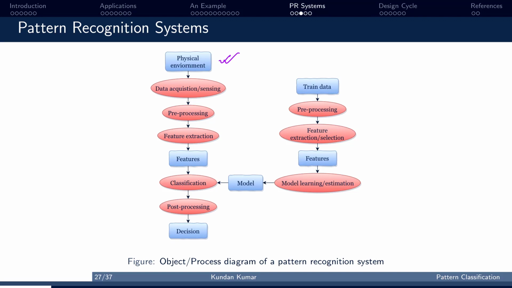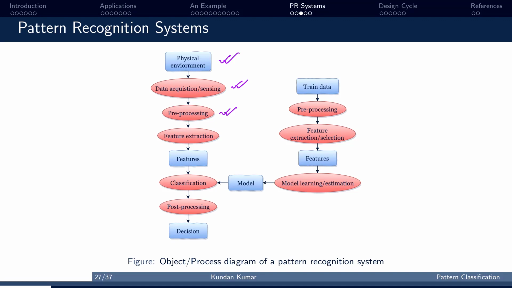Then the data is acquired using a camera or microphone, the camera for images or video, and the microphone for voice, speech, or any other one-dimensional signal. Then we pre-process the data to remove noise or to eliminate unwanted signals from the data.